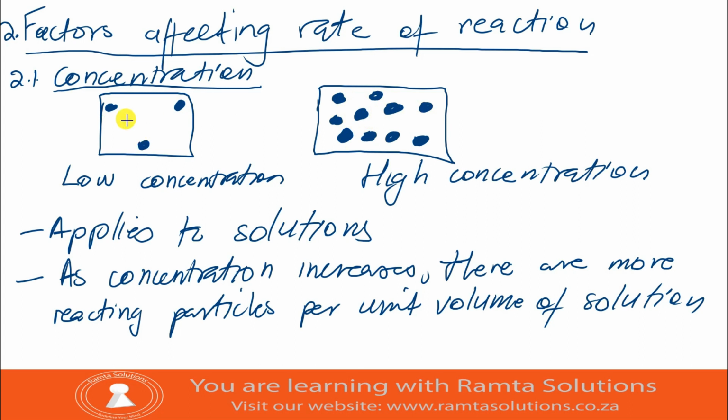Here, what do you have? You have fewer collisions. I mean, there are only 3 particles, but here what do you have? 2, 4, 6, 8, 10. So you have more collisions that may take place. Now, as we have said, as concentration increases, there are more reacting particles per unit volume of solution. All right?